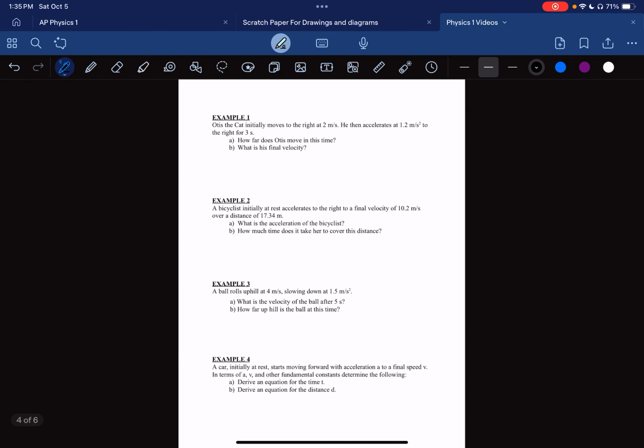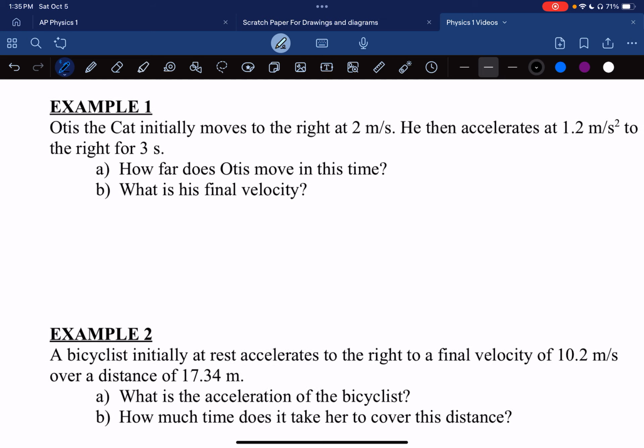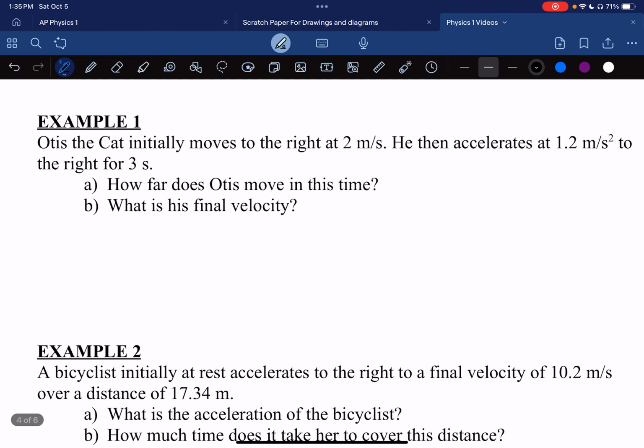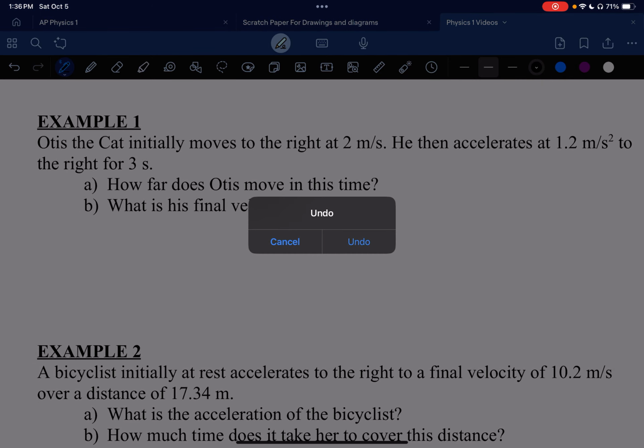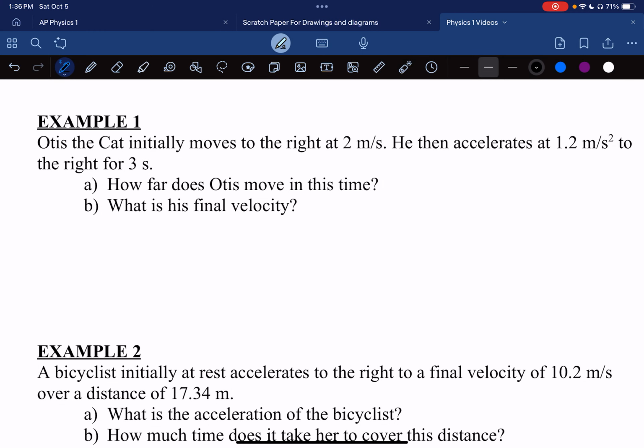Let's go ahead and jump into some problems. Example 1. And by the way, as I'm showing these problems, it's important to note the process in which I do them. This is the process that you should follow for each of these types of questions. It says, Otis the cat initially moves to the right at 2 meters per second.